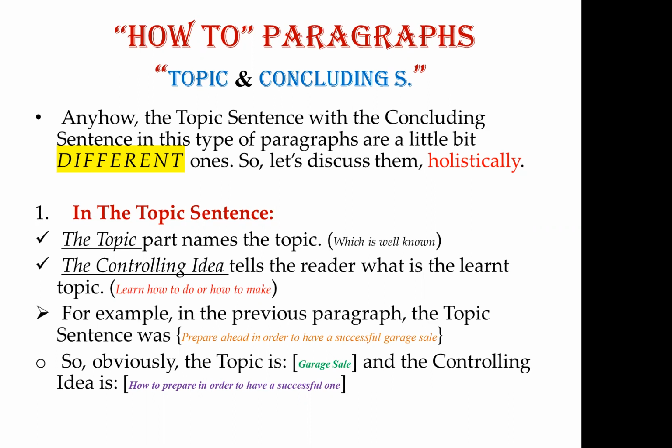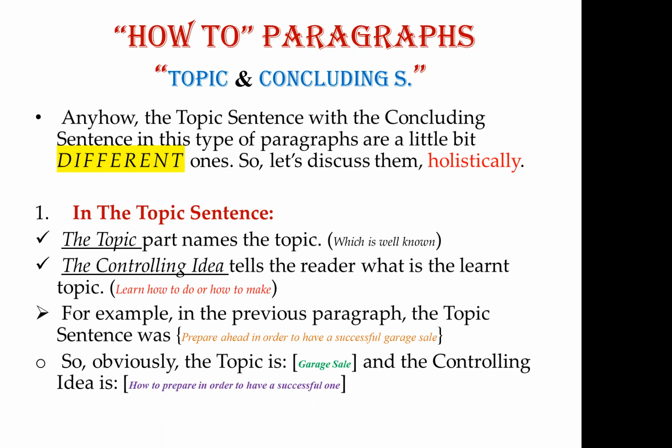When the reader reads the controlling idea, he knows that this paragraph will teach him, or give him some instructions, about a specific topic. So it doesn't give hints about the whole paragraph. No, it tells you that this paragraph will give you instructions about this specific topic. For example, in the previous paragraph, the topic sentence was: prepare ahead in order to have a successful garage sale.